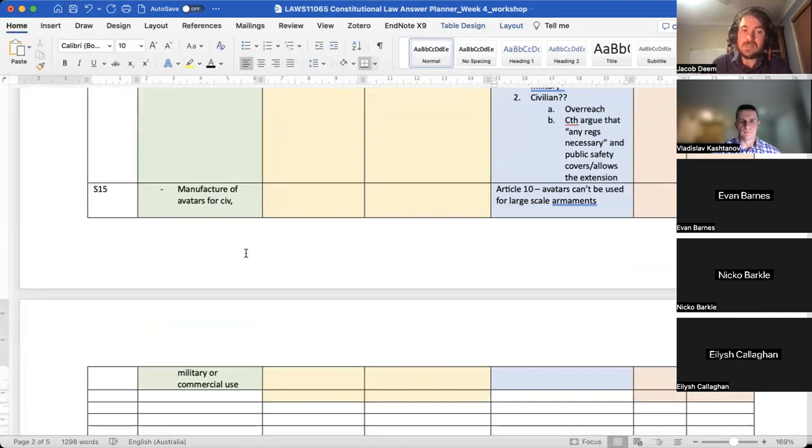And we've characterized it as being for this manufacture of avatars for civilian, military, and commercial use. Do we think that might fall within the primary aspects of the defense power or the secondary aspects of the defense power?